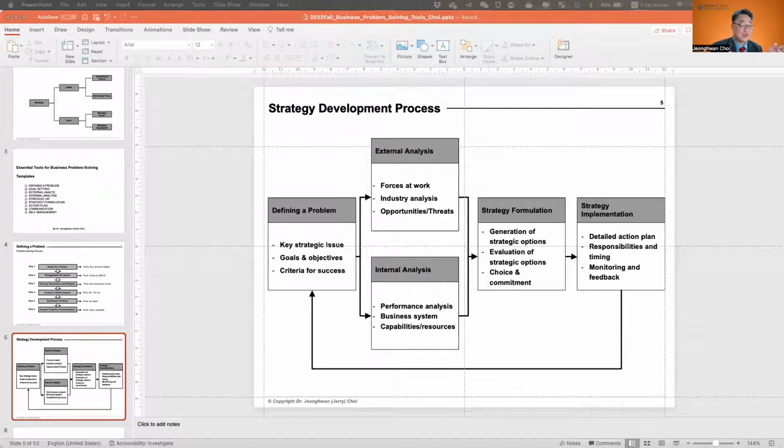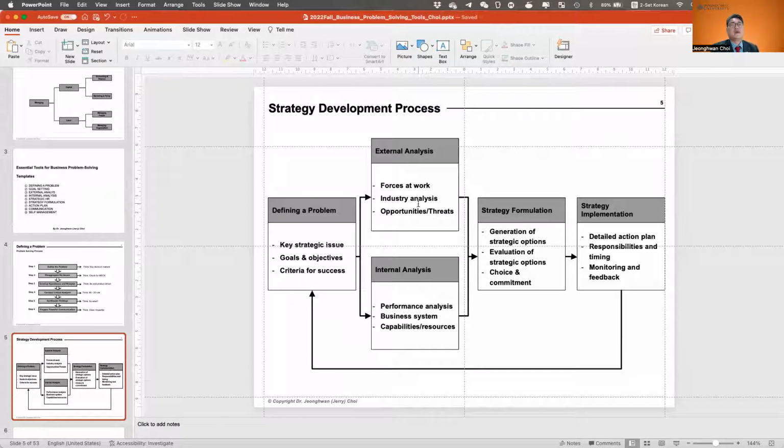That's a start. In order not to lose, we must know the others, we must know ourselves. In order to do that, we conduct external analysis and internal analysis. We need both. That's the reason why we conduct this external analysis and internal analysis.